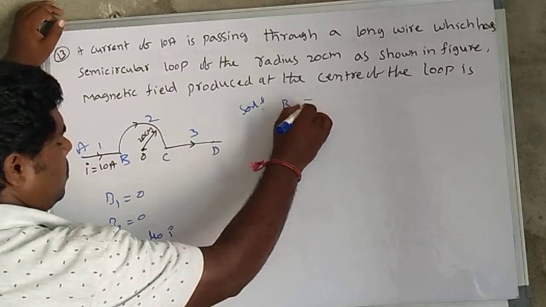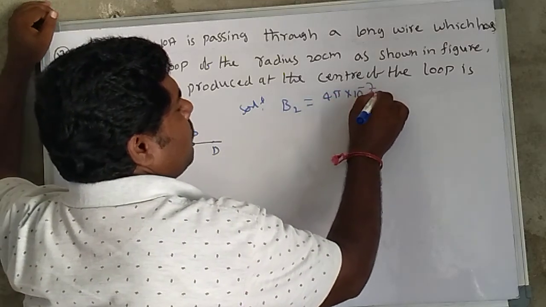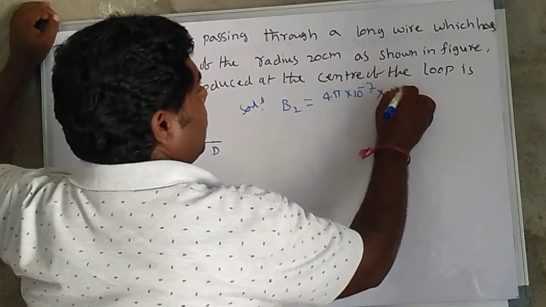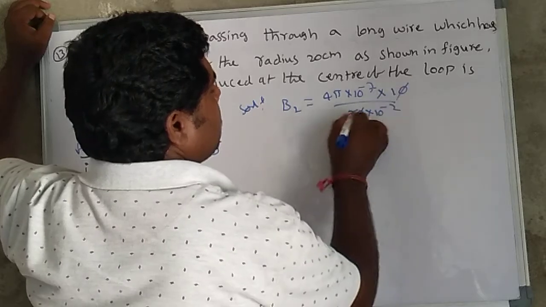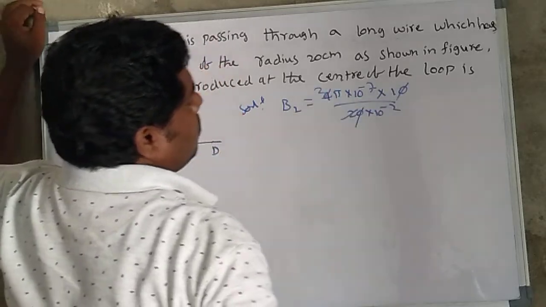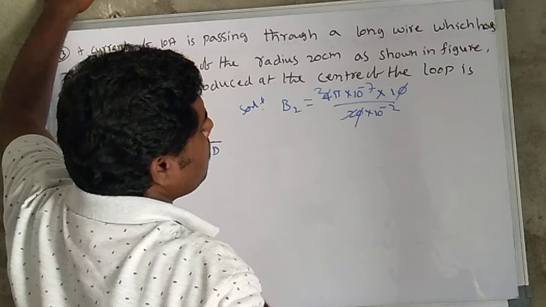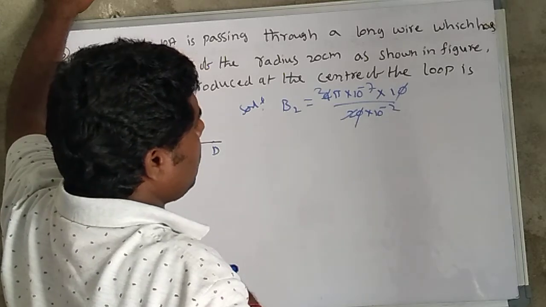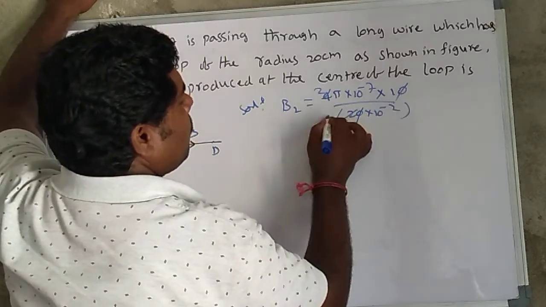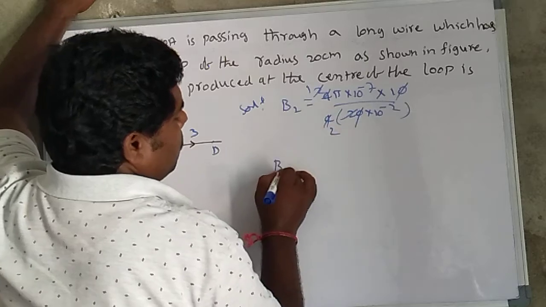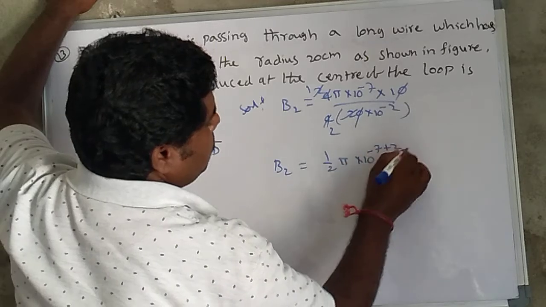So here B2 is equal to 4 pi into 10 to the power minus 7 into I, nothing but 10, divided by R, nothing but 20 into 10 to the power minus 2. This one gets cancelled. This is the 2, and into 4 is there, into 4 is there. This is a 1, this is a 2. So B2 is equal to 1 by 2 pi into 10 to the power minus 7 plus 2.